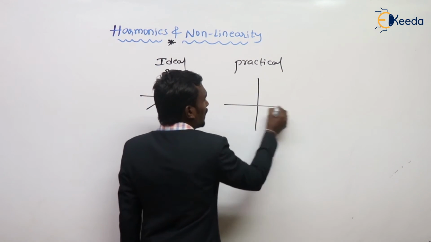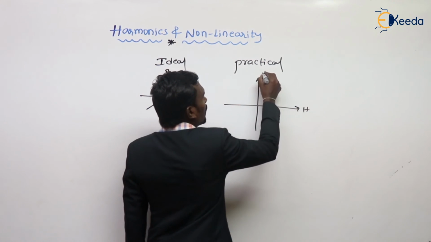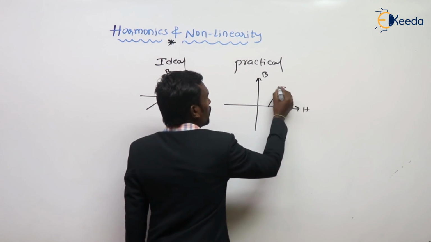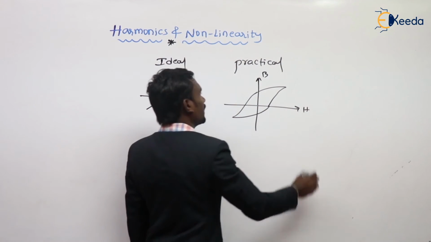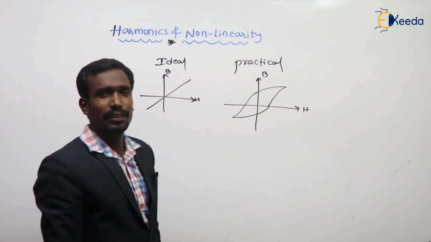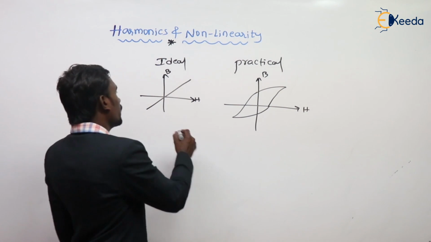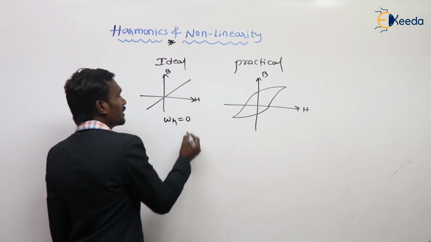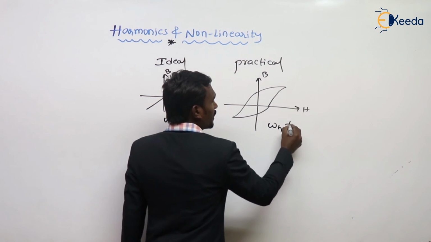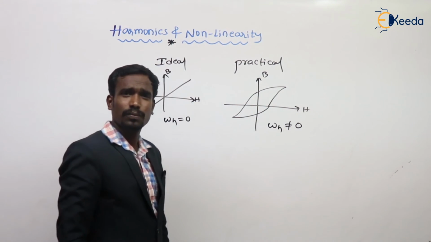But in practical, the BH curve is non-linear. This is not linear. Yes or no? Here, hysteresis losses are equal to 0, but here hysteresis losses are not 0.